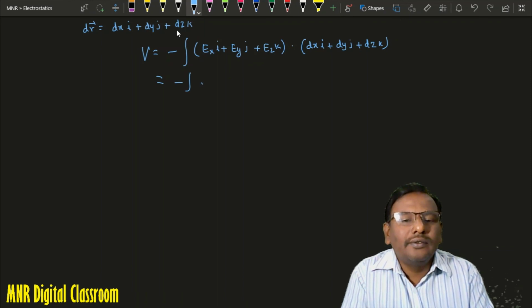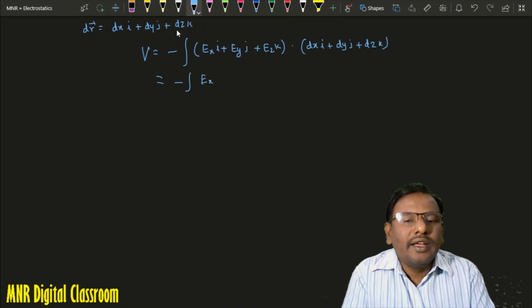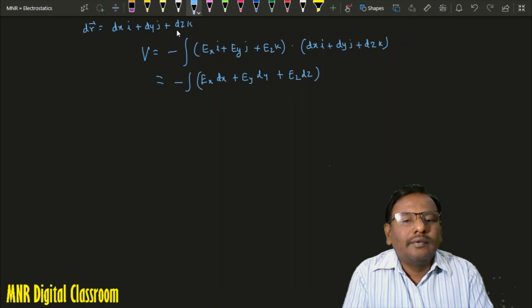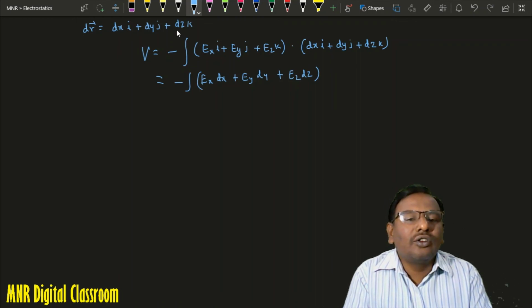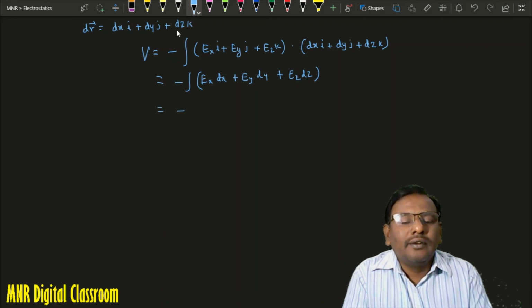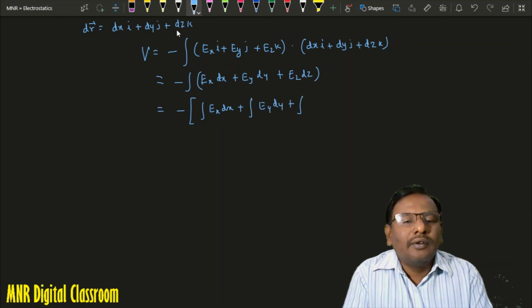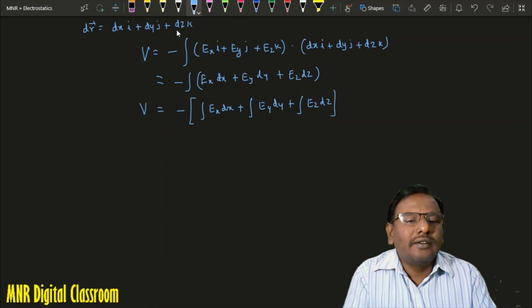So we get integral of Ex dx plus Ey dy plus Ez dz. This we can split as V equals minus of integral of Ex dx plus integral of Ey dy plus integral of Ez dz. Call this equation 2.